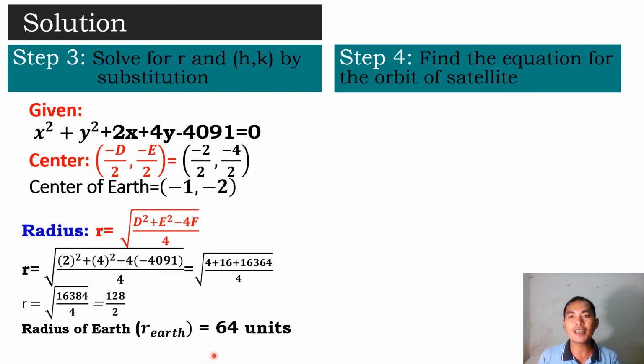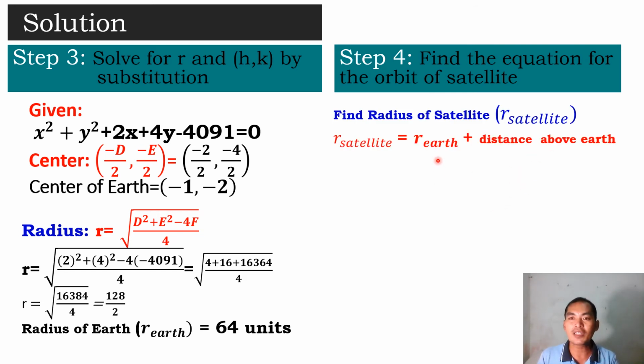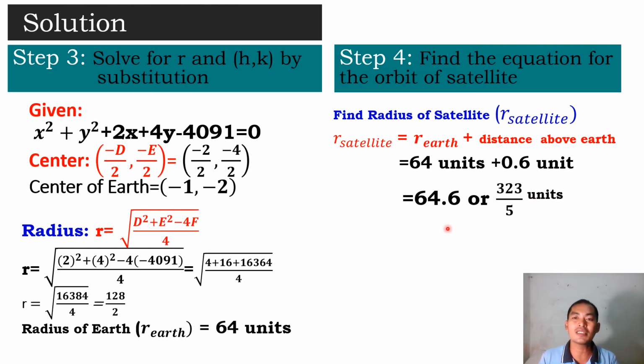Now, to find for the radius of the orbit of the satellite, we will get the radius of the Earth plus the given measurement from the Earth to the satellite, which is 0.6. So, radius of the Earth plus the distance above the Earth of the satellite. So, we have 64 units plus 0.6 units is equal to 64.6 units, or in fraction 323 over 5 units.